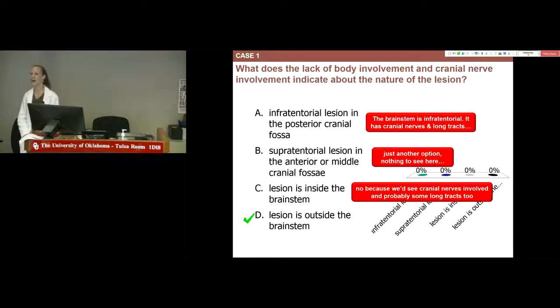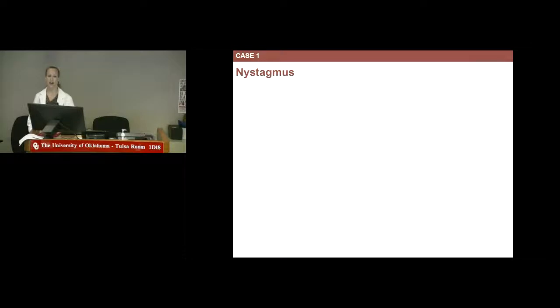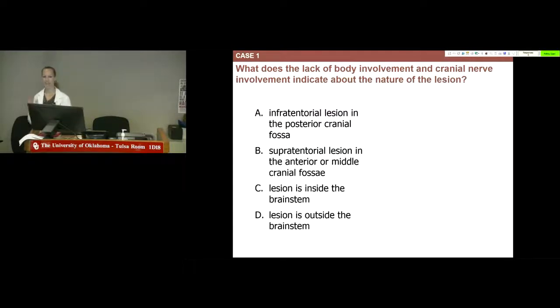It's not a lesion inside the brainstem though, because we would probably see some long tract involvement or some cranial nerve involvement in a little different pattern. So since his long tracts are not involved and he doesn't have any cranial nerve symptoms, we need to look outside of the medulla, pons and midbrain.